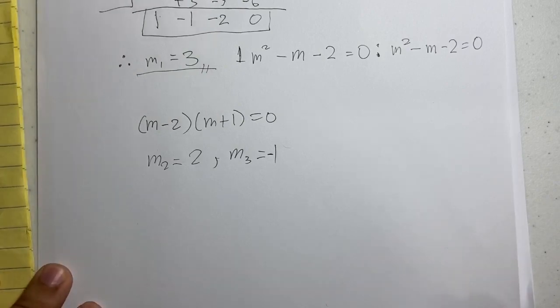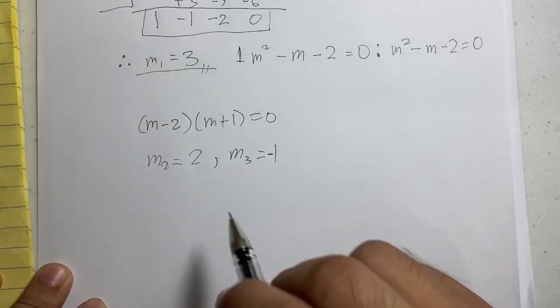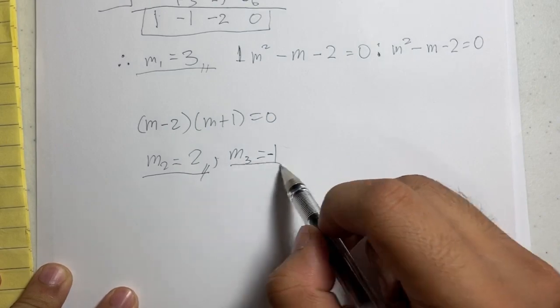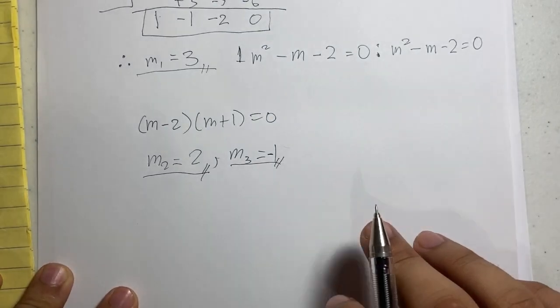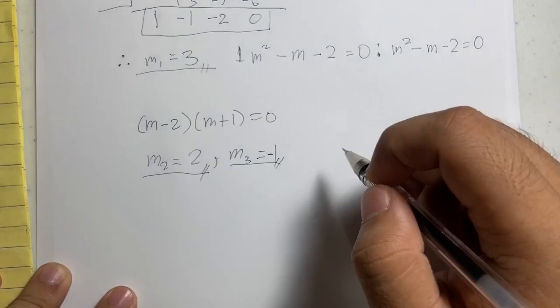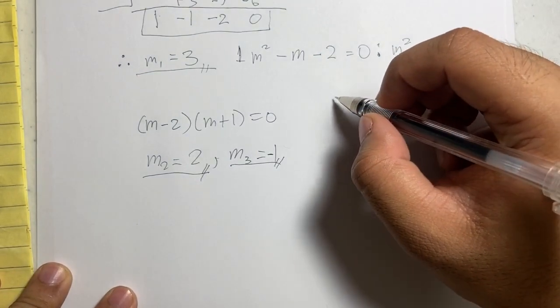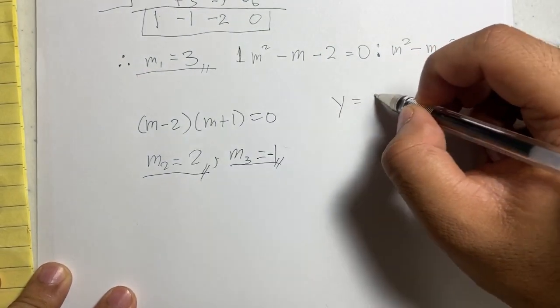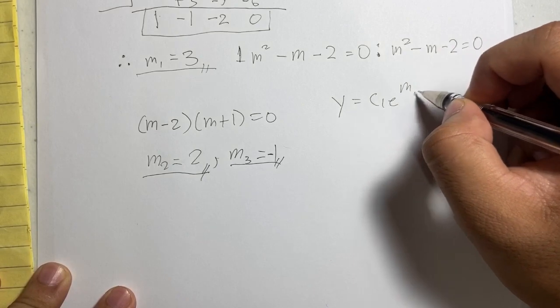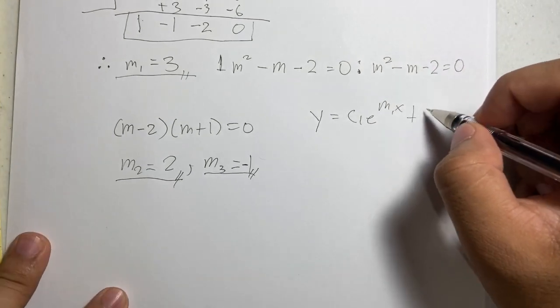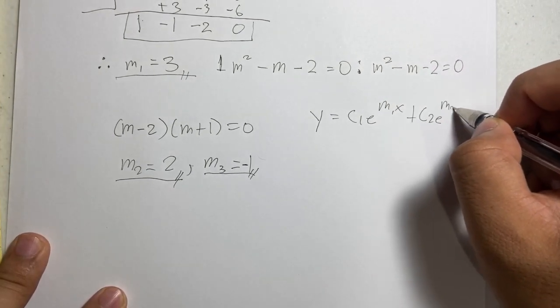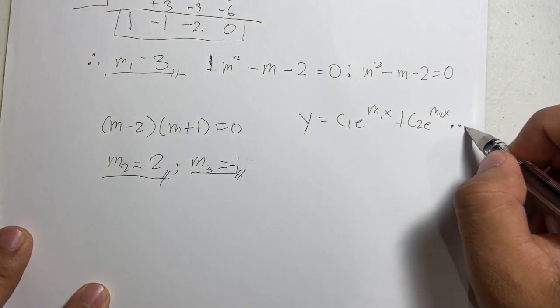Now, once the roots are determined, we will put them in our general solution, which is y equals c1 e^(m1 x) plus c2 e^(m2 x) and so on.